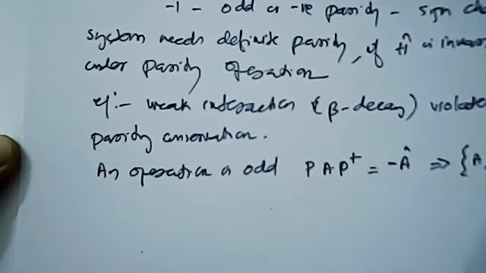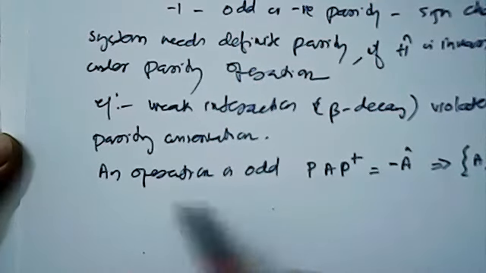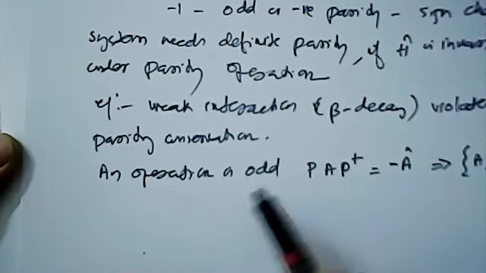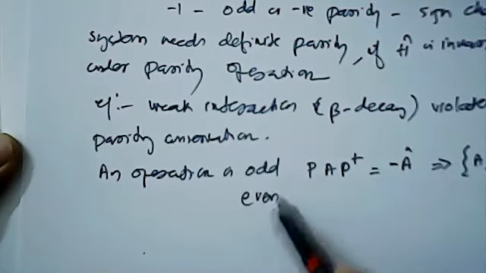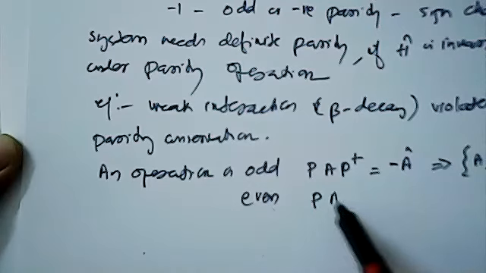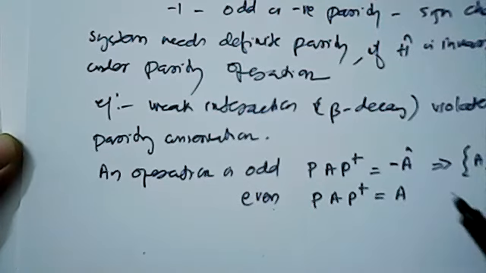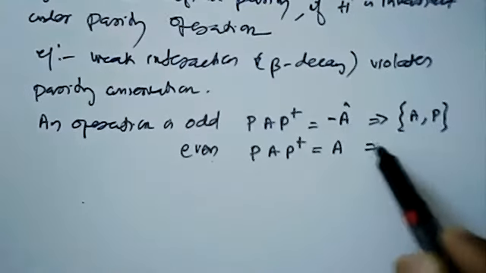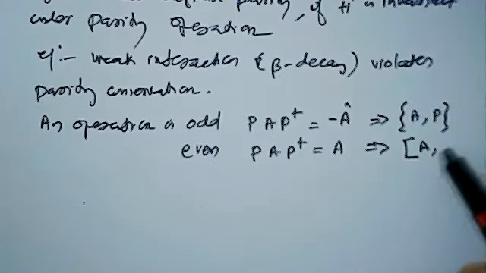So odd parity leads to the anti-commutation relation, and an operator is even if P A P dagger equals A, positive or even parity, and that leads to the commutation relation of A and P.